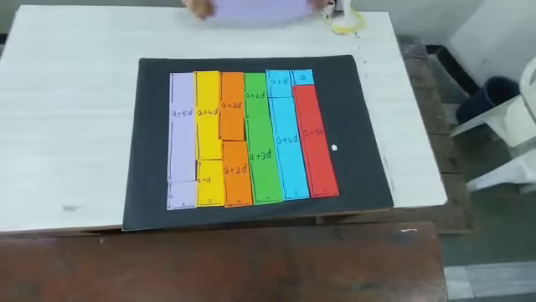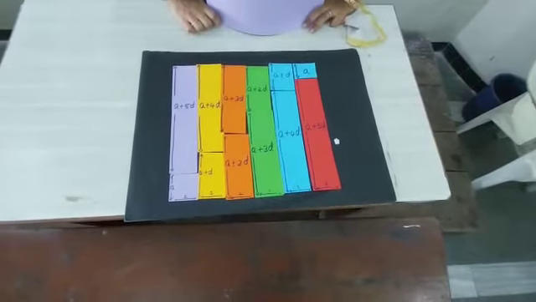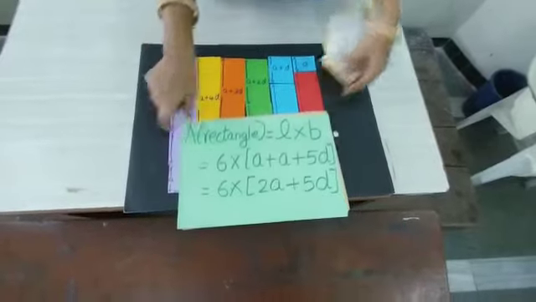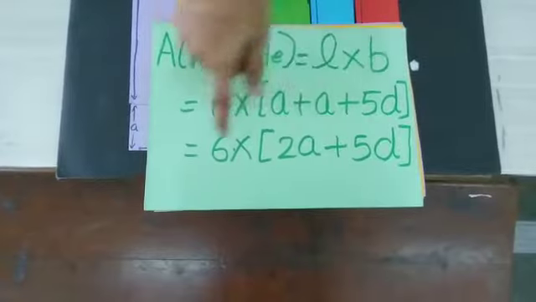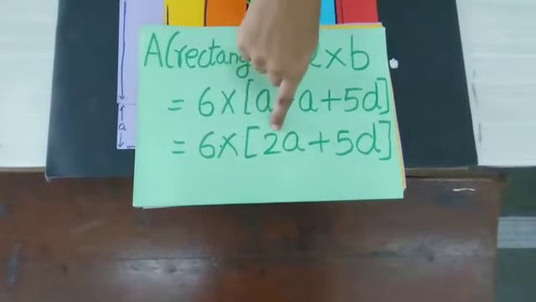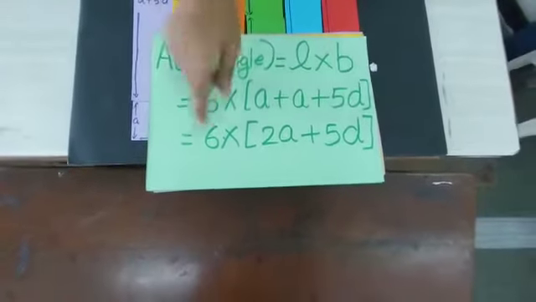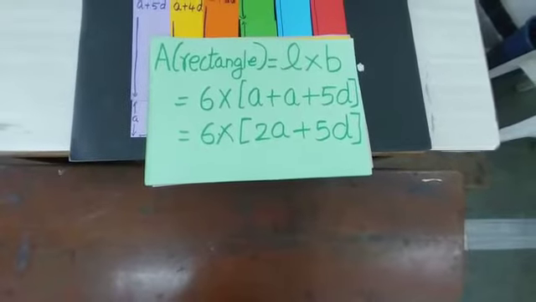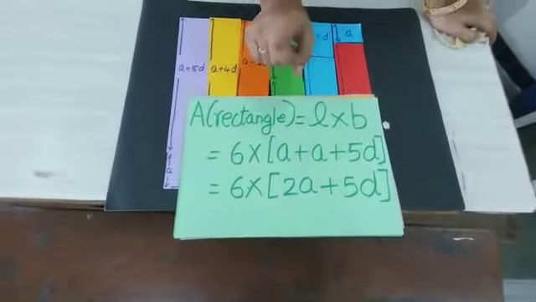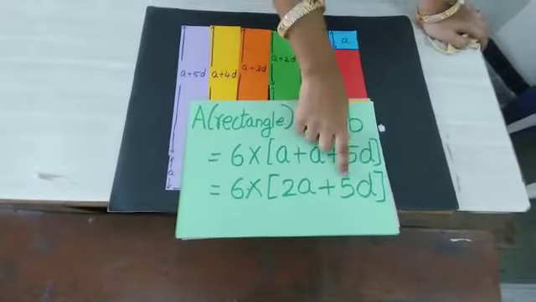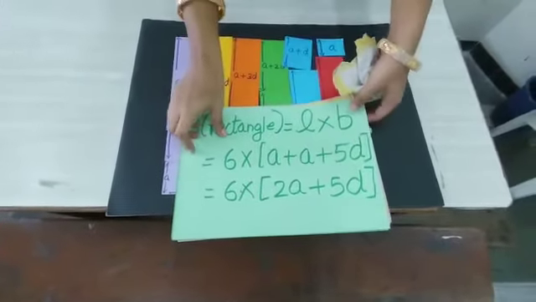So if I now write the area of this rectangle, I'll get it as 6 into 2A plus 5D. This 6 is nothing but the number of strips, so I can write this 6 as n, and this 5 is nothing but 6 minus 1, so I can write this 5 as n minus 1.